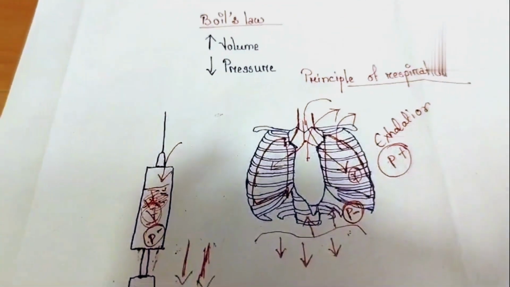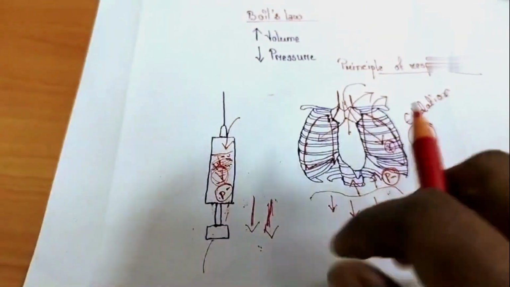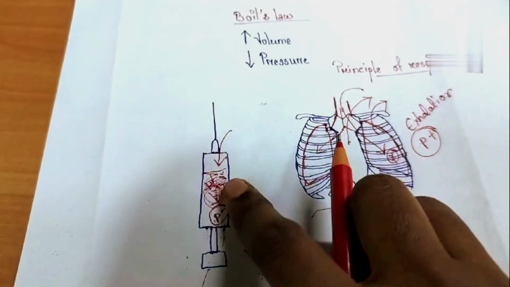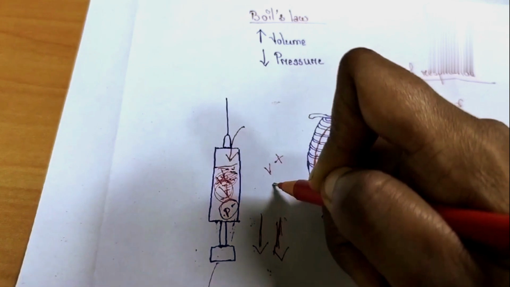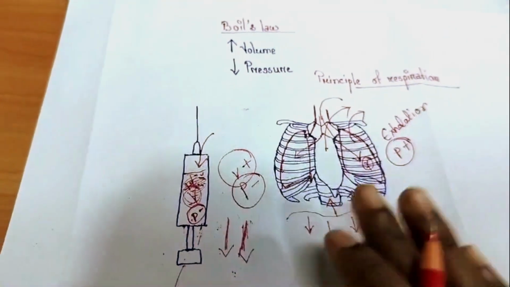So, as per Boyle's law, if we have to increase the volume of a container, we simultaneously have to decrease the pressure inside the container. This is how the principle of respiration also occurs.